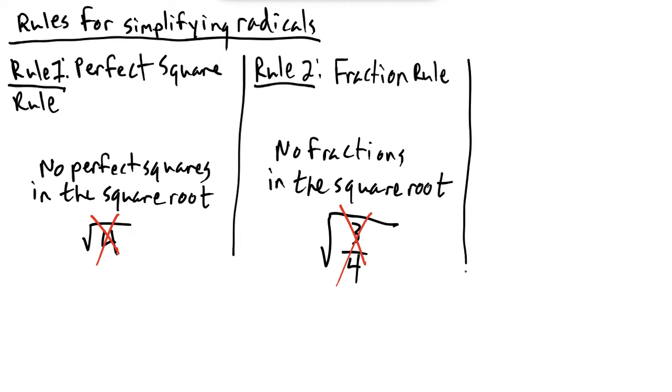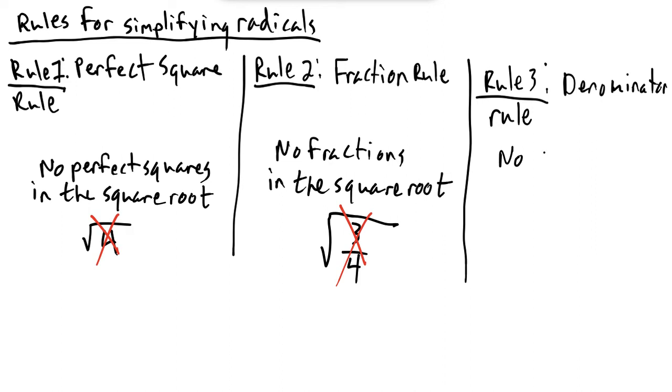And rule 3 is a denominator rule. Rule 3 says you cannot have a square root in the denominator.